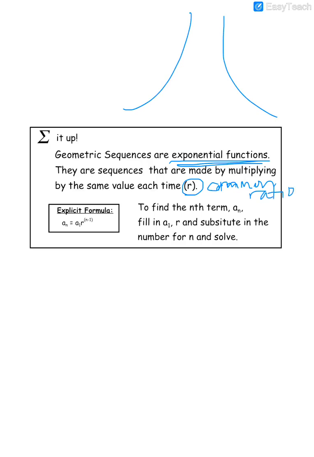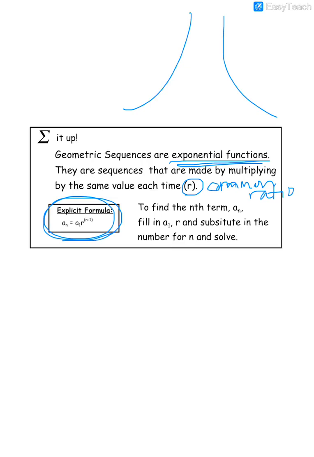To find the nth term, a sub n, fill in a1, r, and substitute in the number for n and solve. That's what we were doing. We're using this explicit formula. Silver's going to stop and do your homework. You're going to attach it into Google Classroom and submit it to me.